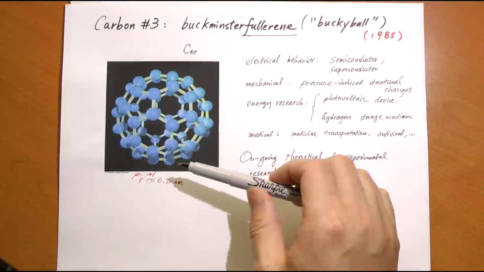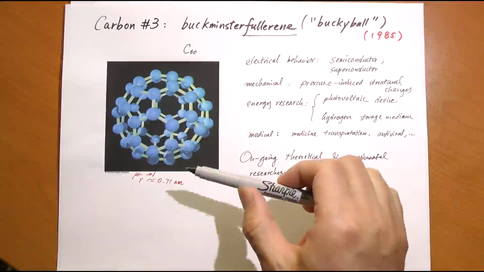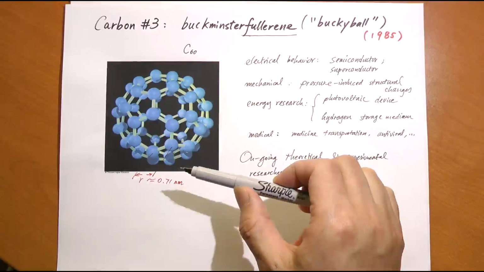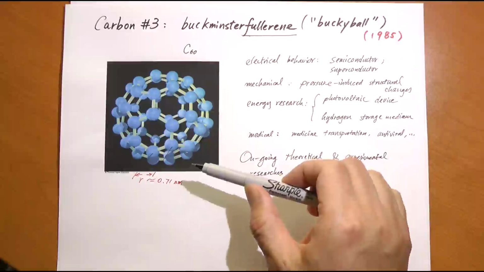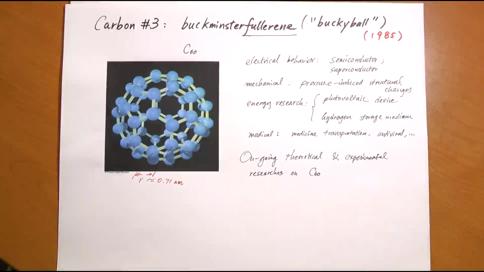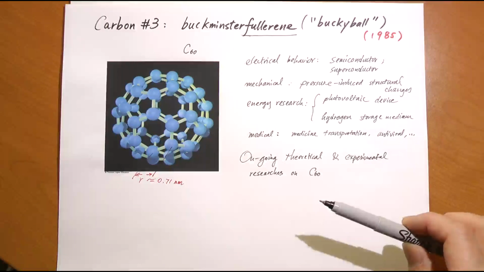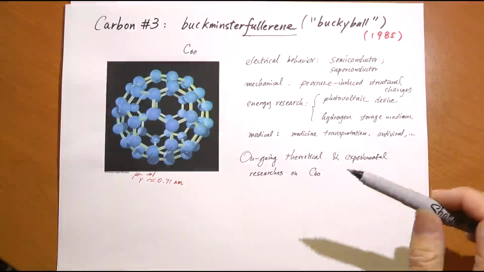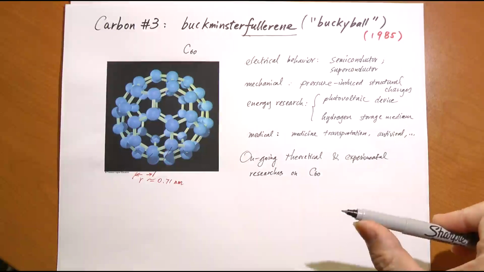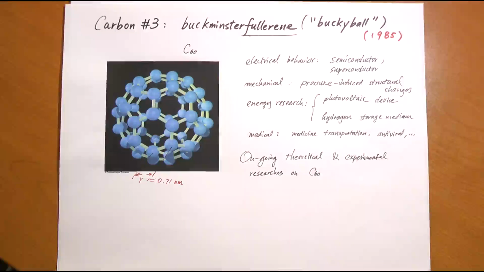It can actually block a certain enzyme which is very active in the HIV virus replication. So this is a potential anti-HIV drug as well. So, needless to say, because of its versatility, there's still active research going on for these buckyballs.